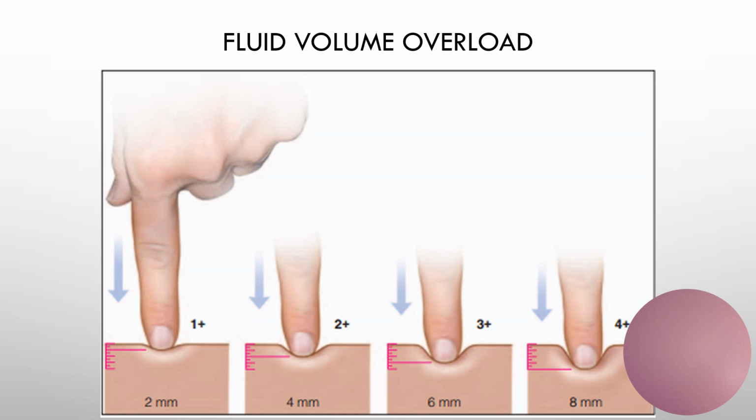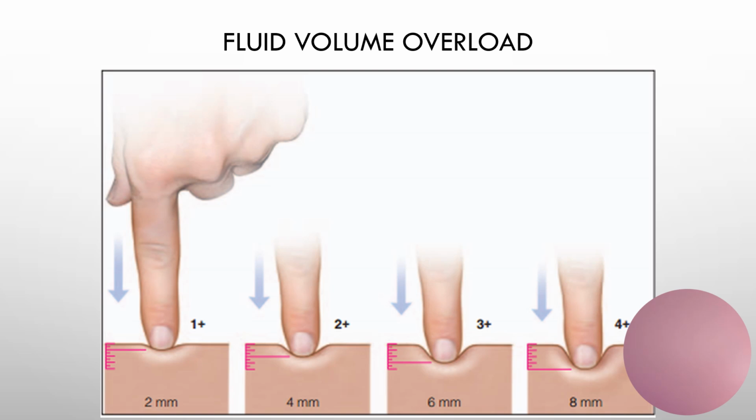If you look at the picture here, this is an edema chart, and it shows you the different levels of pitting edema. The physical assessment cues: we may see a weight gain of 2.2 pounds or 1 kilogram or more in a 24-hour period of time. The bounding pulse.